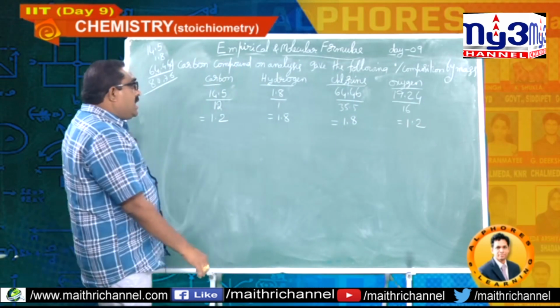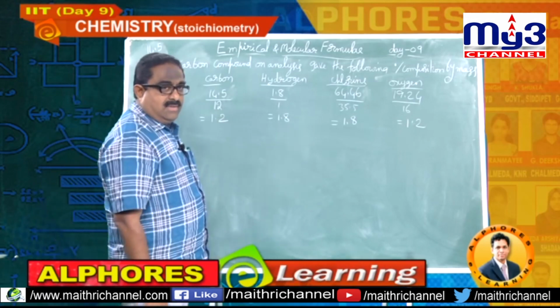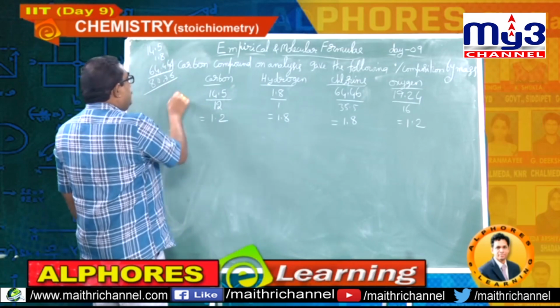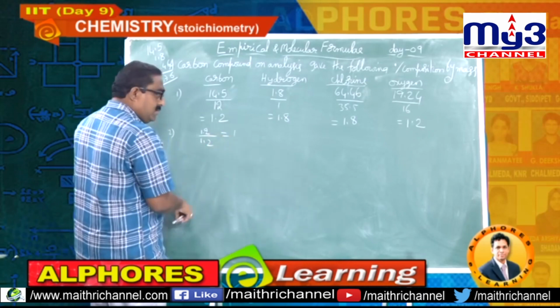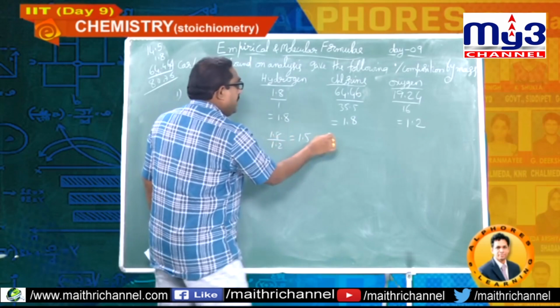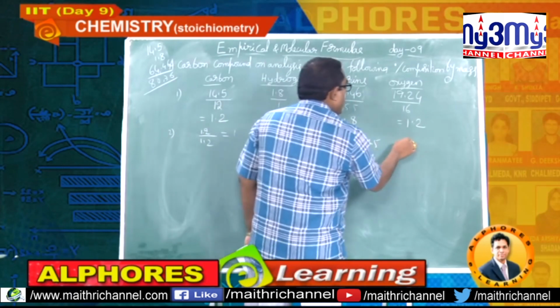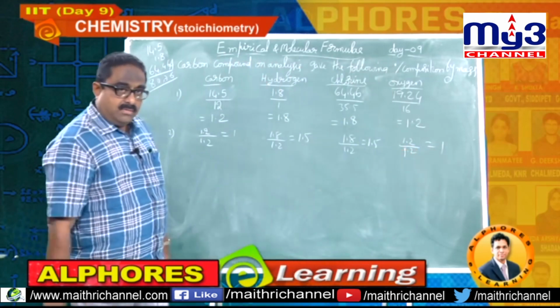1.2. Now, the smallest value among these is 1.2. Let me divide with this 1.2. So, in the next step, 1.2 by 1.2, write down, students, 1, 1.8 by 1.2, that is 1.5, 1.2 by 1.2, that is 1.